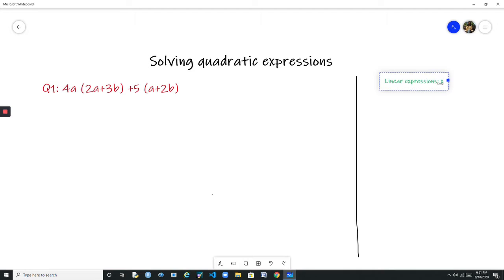Even if we don't write 1 with it, it is understood that we have x raised to power 1. The same goes with 1, 2, 3, a, b, c, and so on.